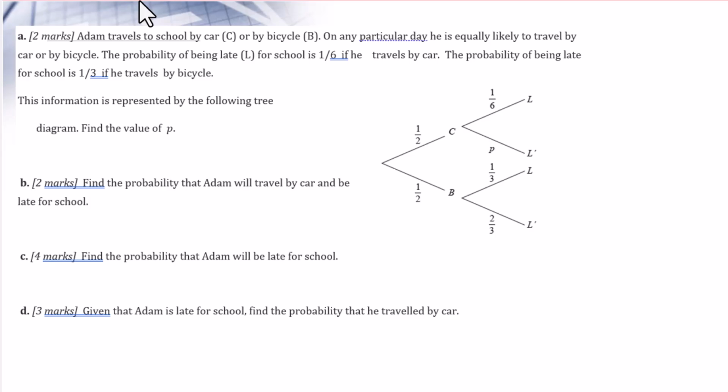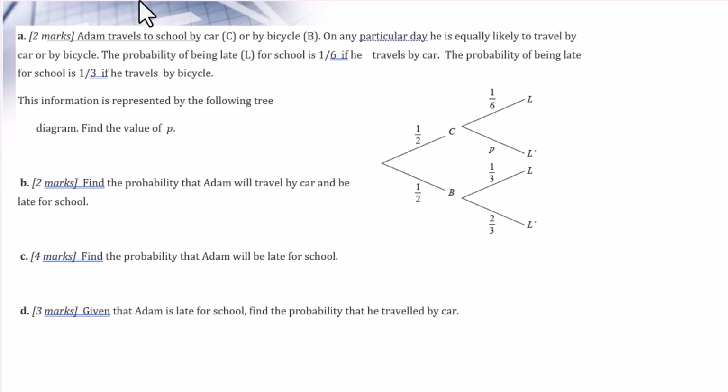Adam travels to school by car or by bicycle. On any particular day, he is equally likely to travel by car or by bicycle. The probability of being late for school is 1/6 if he travels by car. The probability of being late for school is 1/3 if he travels by bicycle.